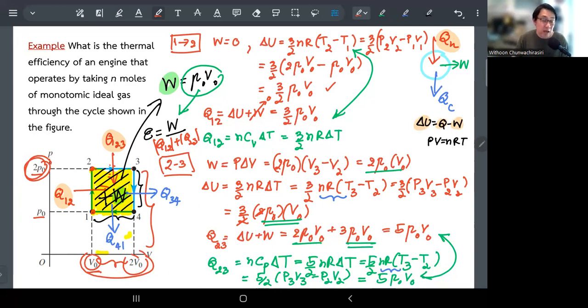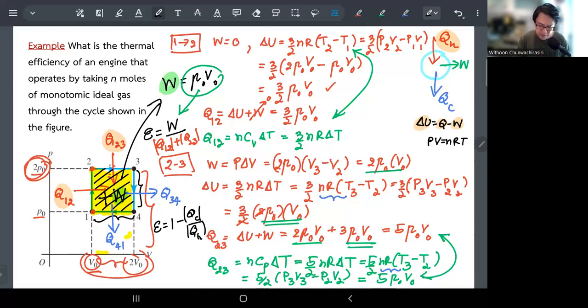Cool. All right. However, if you don't want to use the conservation of energy in the big picture, you can still keep going, calculating the heat from 3 to 4 and calculating the heat from 4 to 1. That is perfectly fine. And then you can use another expression of the efficiency if you like. That means you can use efficiency equals 1 minus Q cold over Q hot.